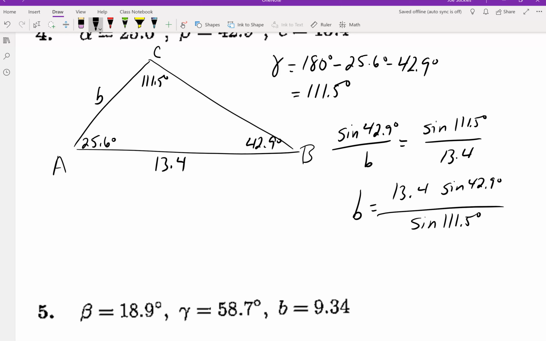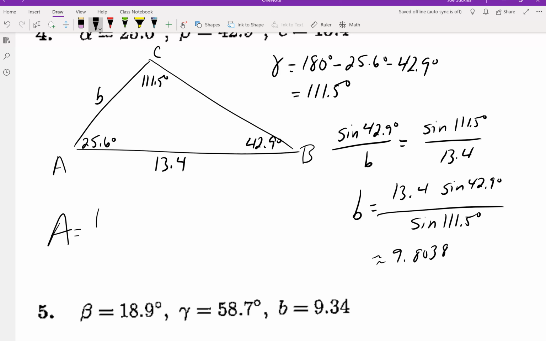So again, great job for the calculator. And we get 9.8038 for my B. Okay. All right, so we're almost done. The whole reason we had to find this is because I didn't have two sides with my included angle. Now I do.